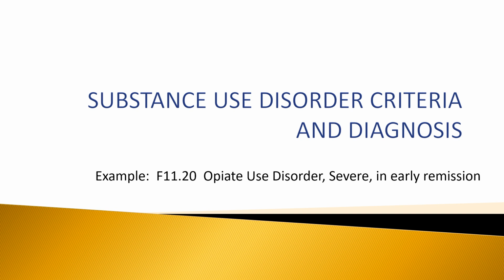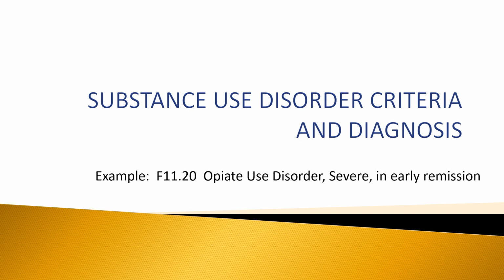The specifier usually is things like in remission, in partial remission, in early remission, or in a controlled environment. For example, the client is sober because they are in jail.